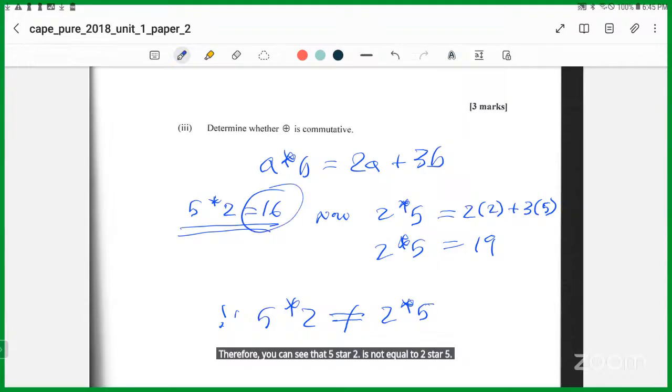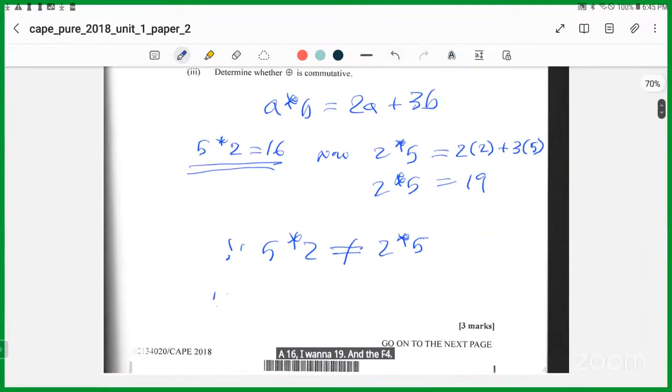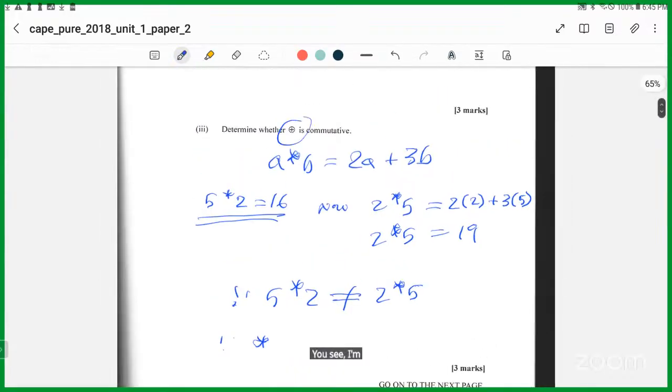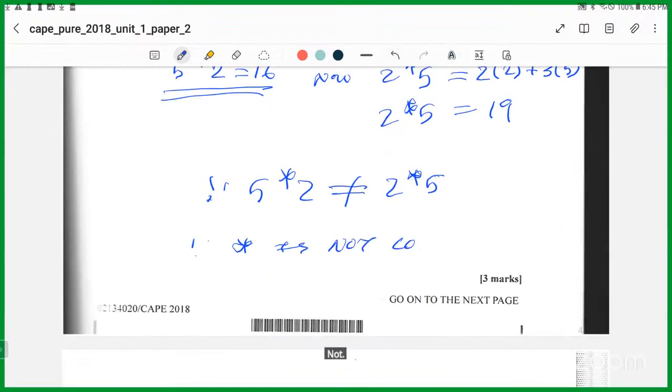One is 16 and one is 19. And therefore, star, I'm calling this thing star, don't worry about it, is not commutative, because if it fails for one single case, then it's not commutative.